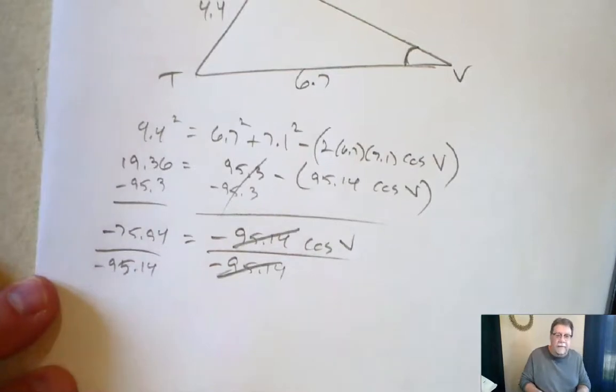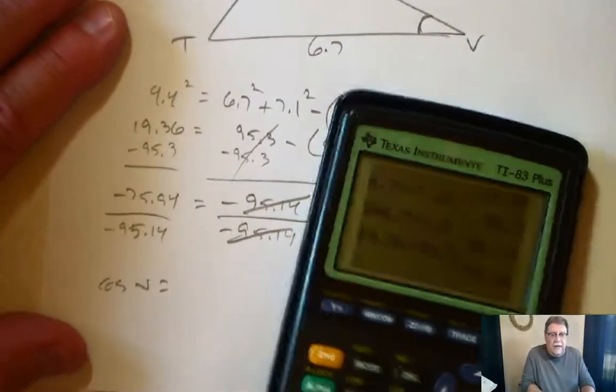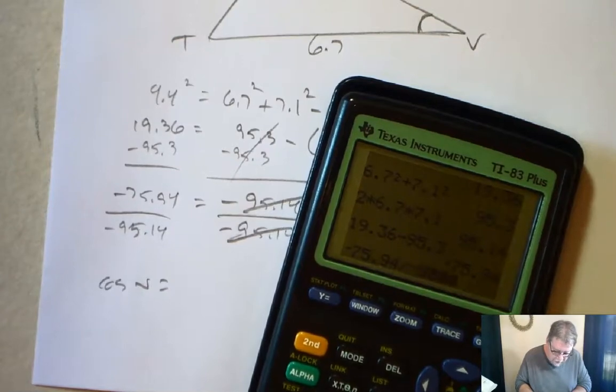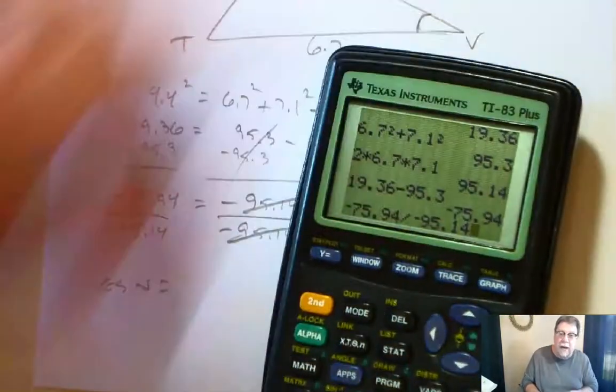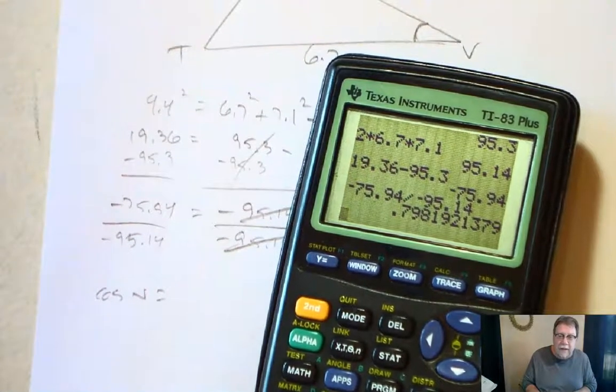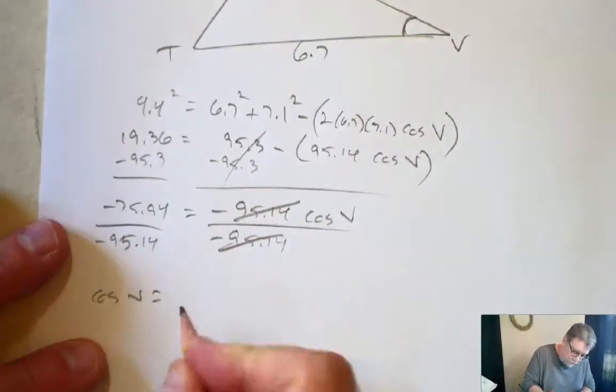That'll cancel that. That'll tell me that the cosine of V equals negative 75.94 divided by negative 95.14. So that's at the very bottom of my calculator. And that's 0.7982.